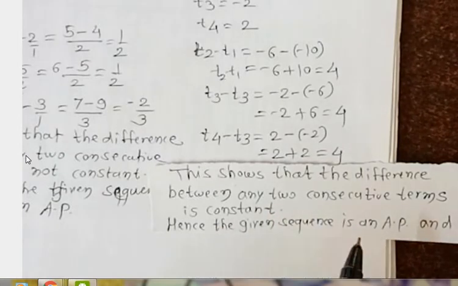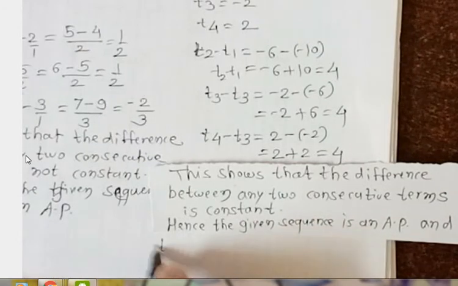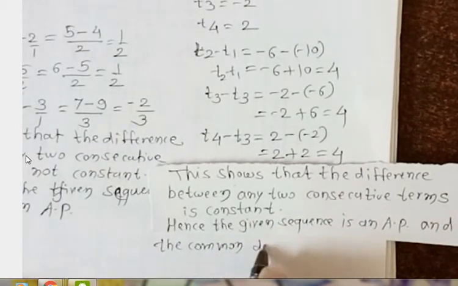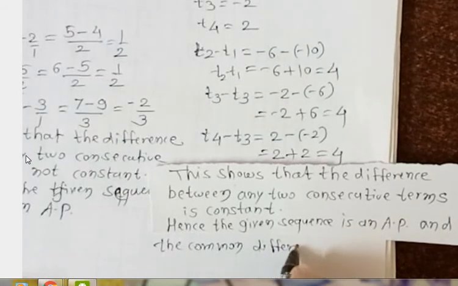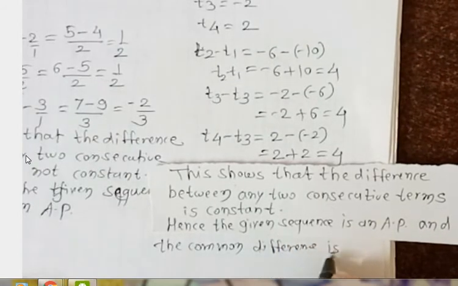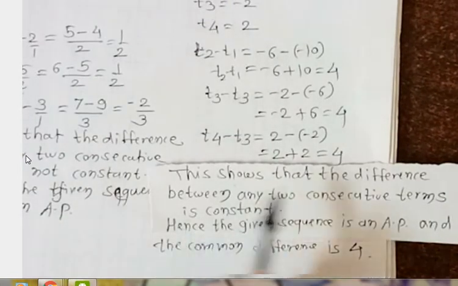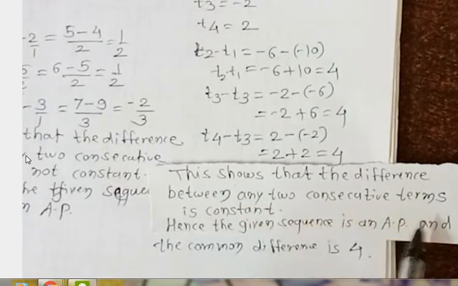Hence the given sequence is an AP, and the common difference is how much? That is 4. In this way, this shows that the difference between any two consecutive terms is constant, hence the given sequence is an AP, and the common difference is 4.